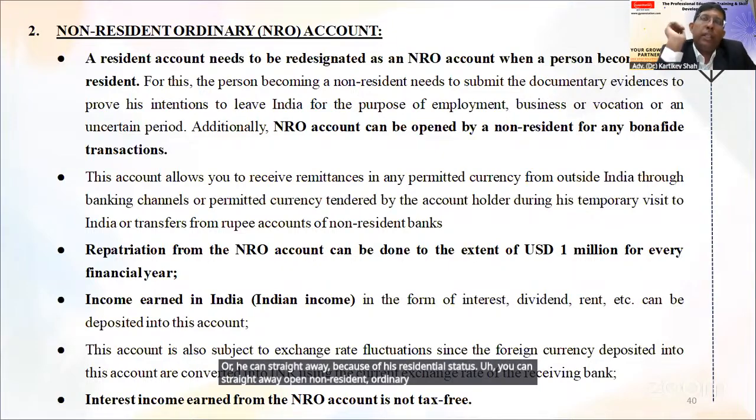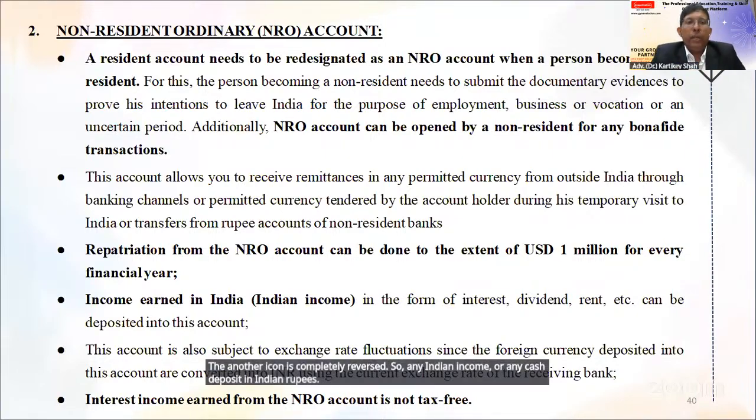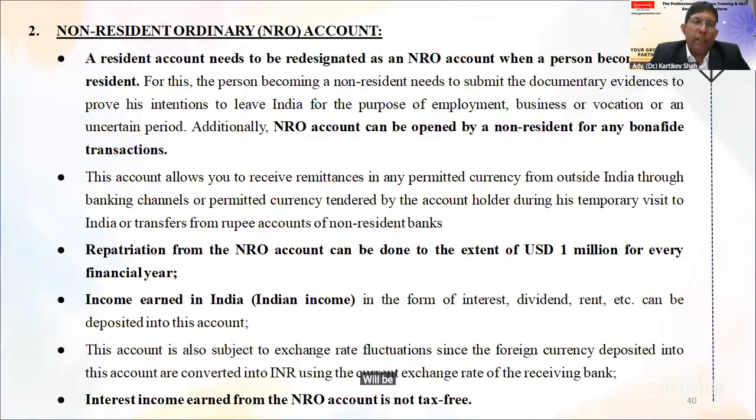Now, what we have seen is that in an NRE account, only foreign income earned in foreign currency can be deposited. Now, the NRO account is completely reversed. So any Indian income or any cash deposit in Indian rupees can be deposited in a non-resident ordinary account.